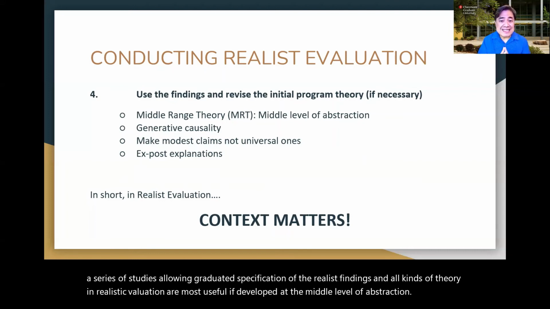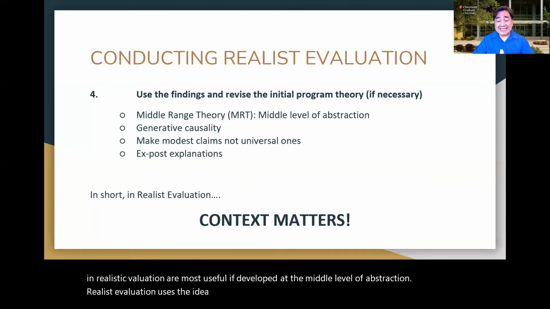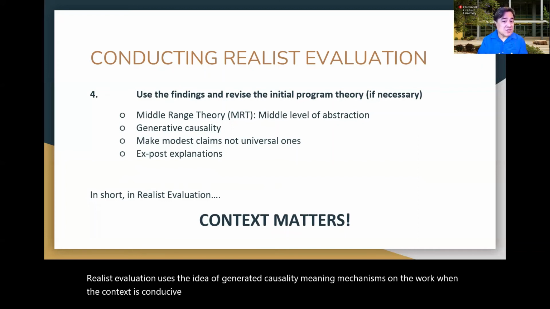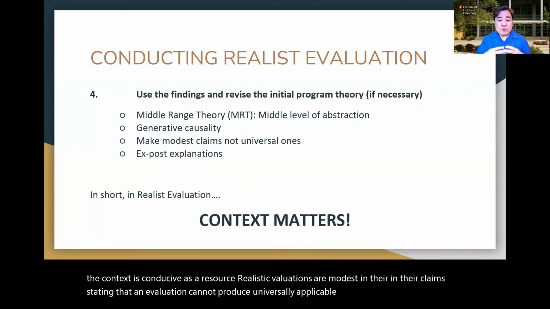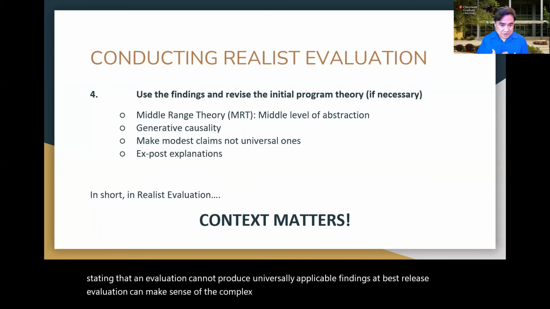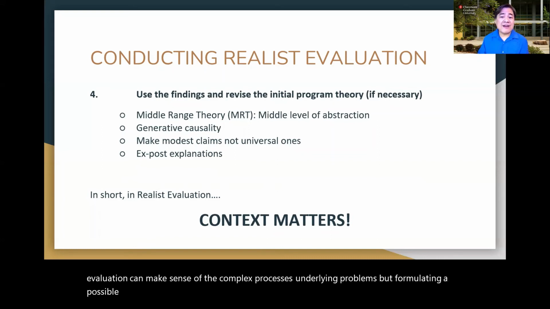Realist evaluation uses the idea of generative causality, meaning mechanisms only work when the context is conducive. As a result, realist evaluations are modest in their claims, stating that an evaluation cannot produce universally applicable findings. At best, realist evaluation can make sense of the complex processes underlying programs by formulating possible explanations ex post, or after the fact.